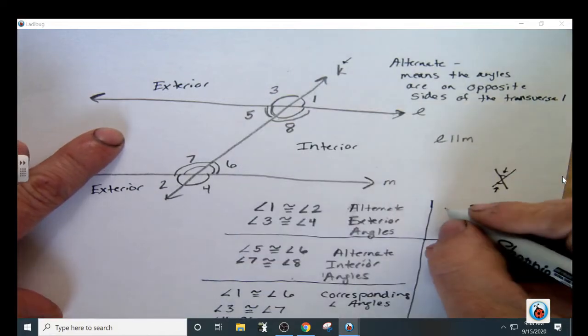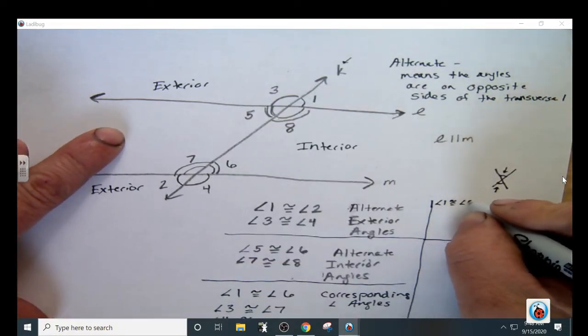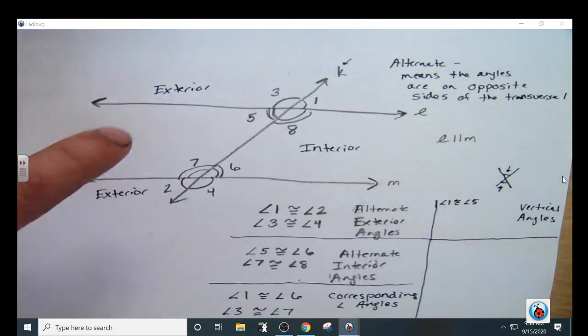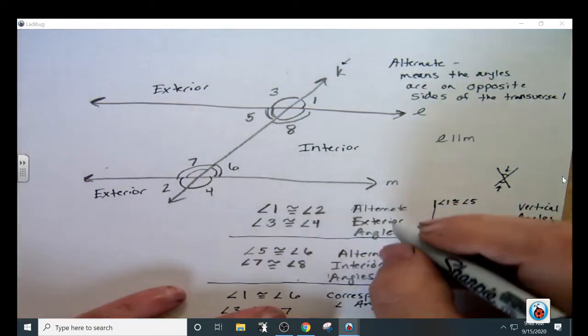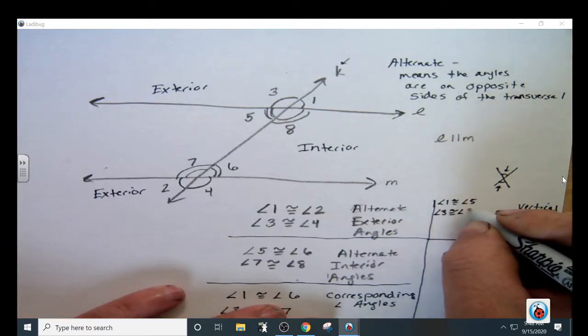Angles 1 and 5 are vertical angles. So, angle 1 and angle 5 are congruent. Angle 3 and angle 8 are congruent.